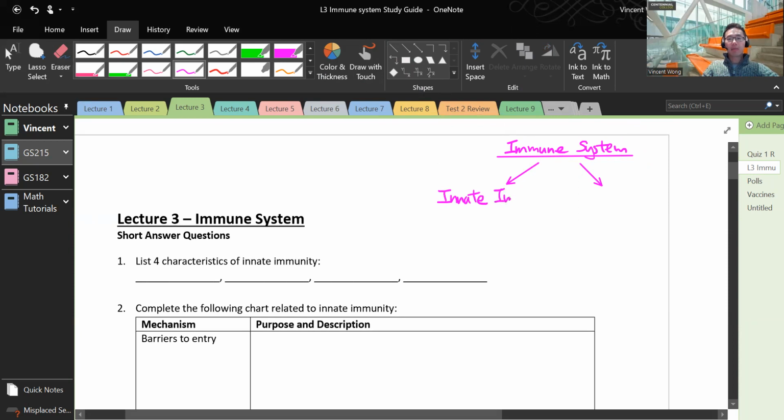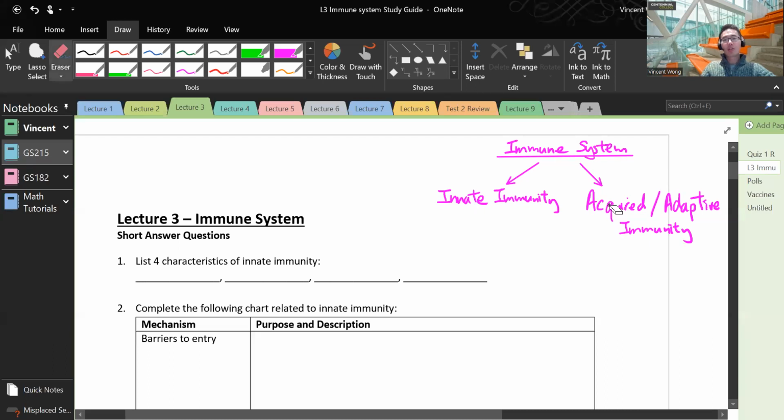So innate immunity. And then there is going to be the one that you are going to have to acquire throughout life. And it kind of changes every time you get exposed to a pathogen. So this is called the acquired. Or because of its ability to change, to evolve over time, we also call it adaptive immunity.